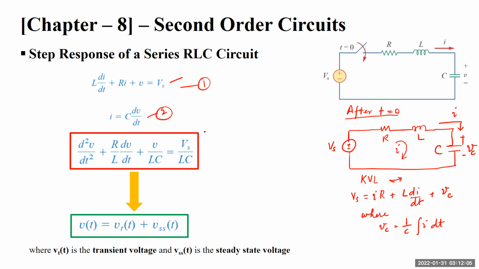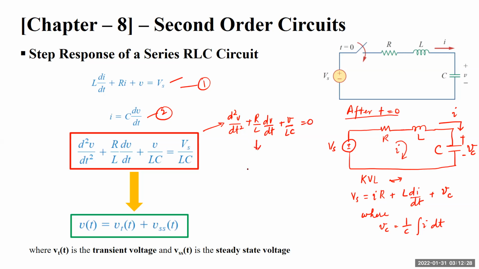Remember, in our previous lectures we solved a source-free series RLC circuit, and in a source-free series RLC circuit there wasn't any Vs, so the equation looked something like this.